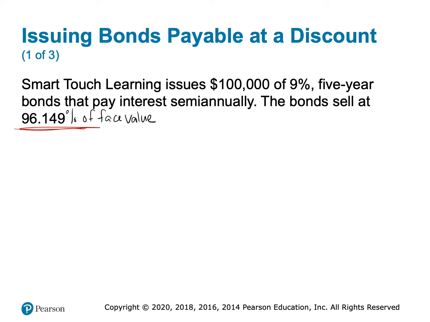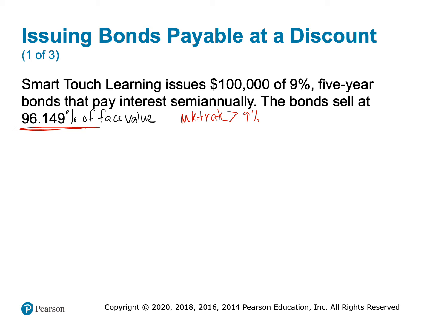So what we know, because this bond is selling at less than 100% of face value, is that this bond is selling at a discount. Okay. We do not know what the market rate of interest is, but we can make some inferences. So since this bond is selling at a discount, we can infer that the market rate of interest is greater than 9%.